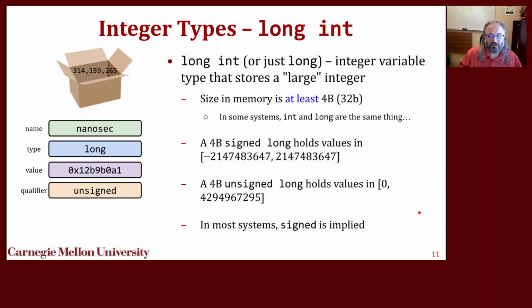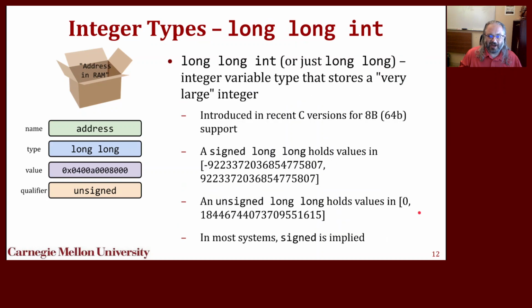C also gives us one additional integer type, which is called a long long int. This is a more recent introduction to the C programming language. This wasn't part of the original C standard. And this was primarily introduced when 64-bit computing came out. So when you have 64-bit computing, addresses in memory can be 64 bits long.